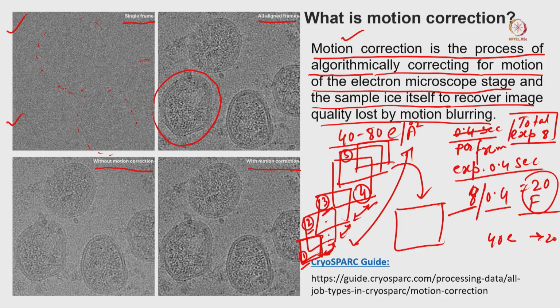Same particle you can see after motion correction, and a lot of fine details, where the boundaries are very clear, but here the boundaries are not that clear. That tells you that motion correction is important to improve the fine details. If you don't do the motion correction, your fine details will not improve.